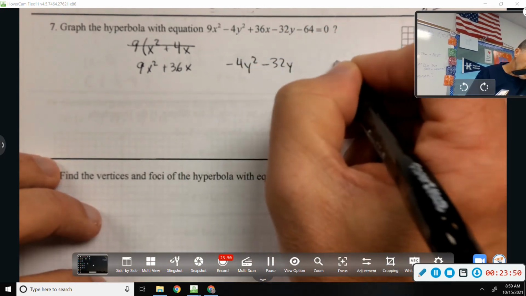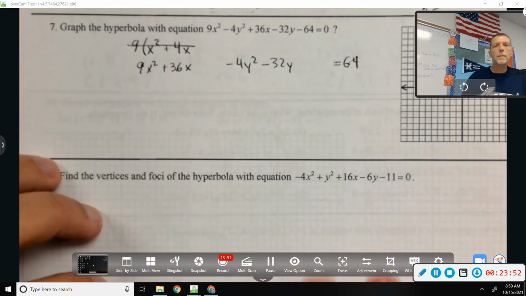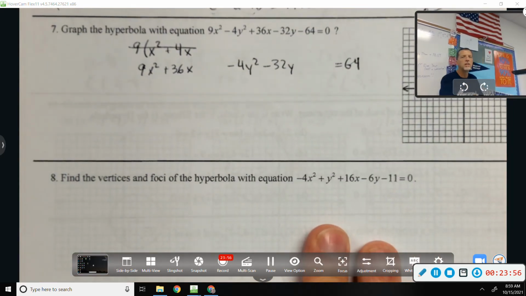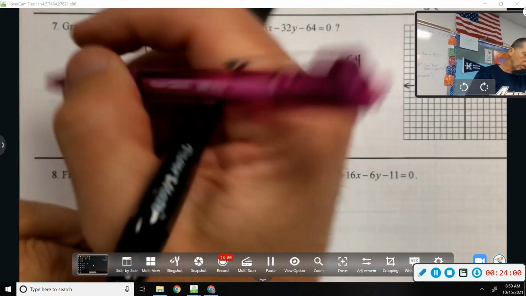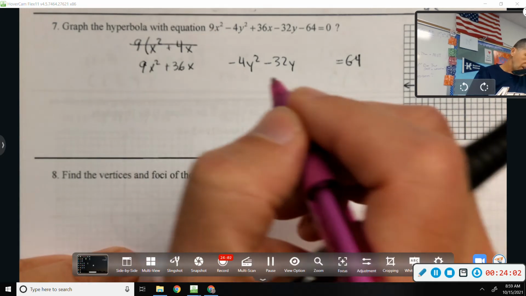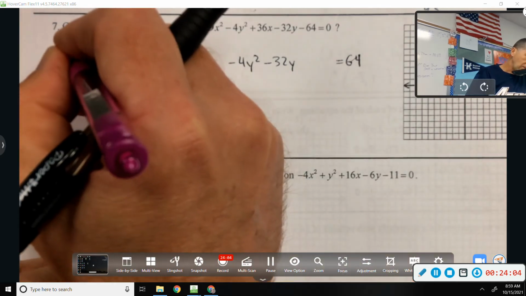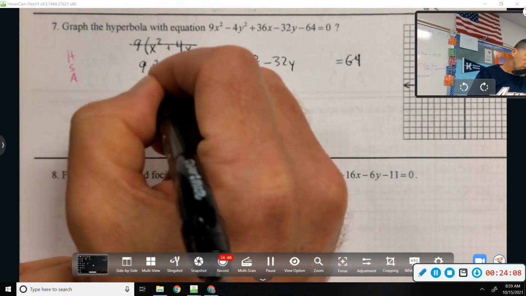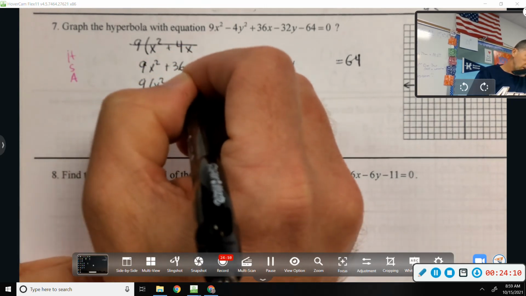Move that 64 out of the way. This is complete the square again, but there's a twist on it. We're going to half it, square it, and add it, but before I do that, I need to factor out the 9.